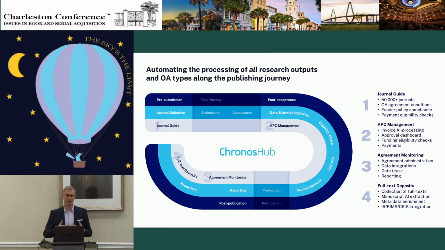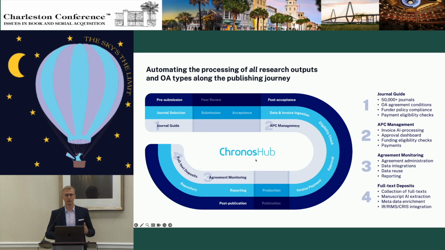So the Chronoshub platform, if you like, is trying to support this publishing journey for all research outputs, regardless if it's green, gold, hybrid, or actually closed access. So that an institution can use the platform as an instrument to manage all these continuously evolving changes.